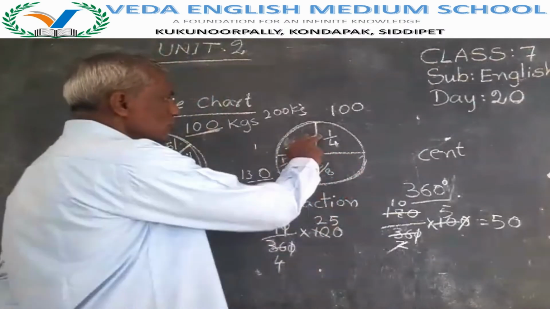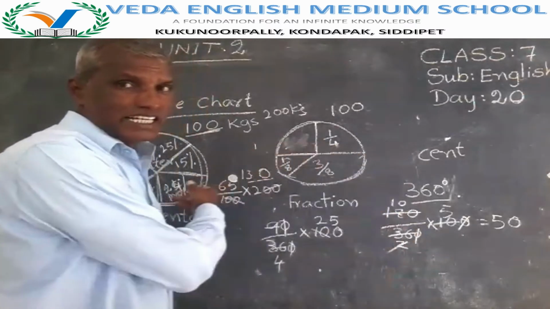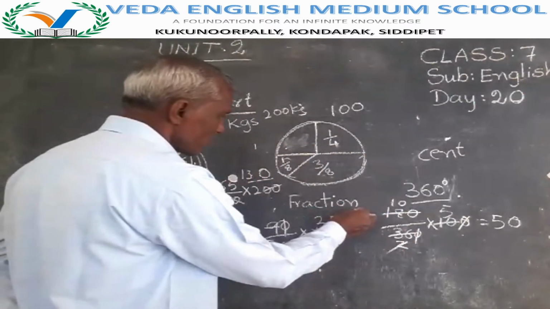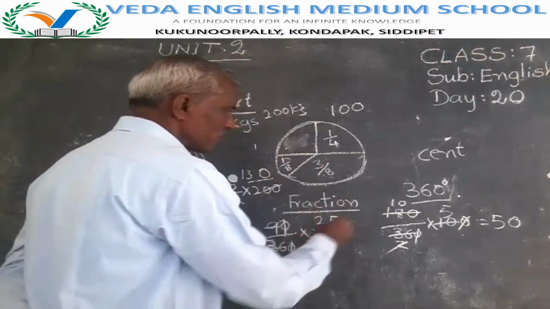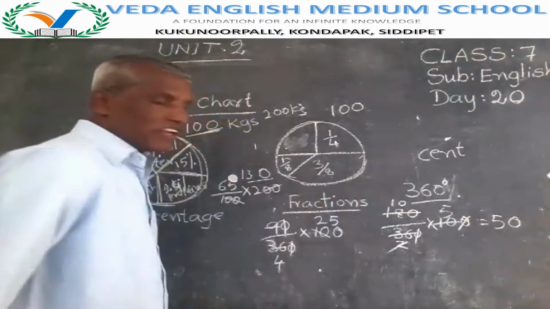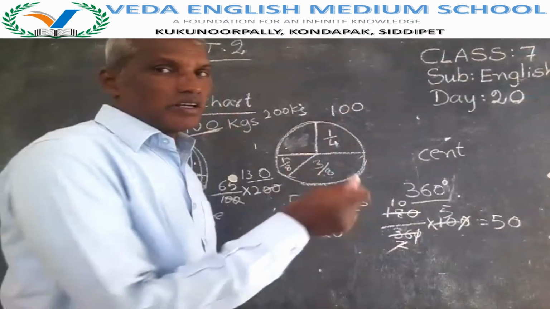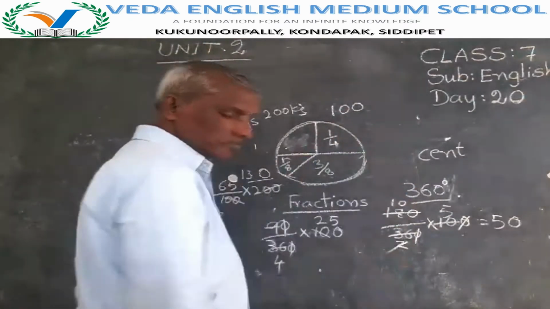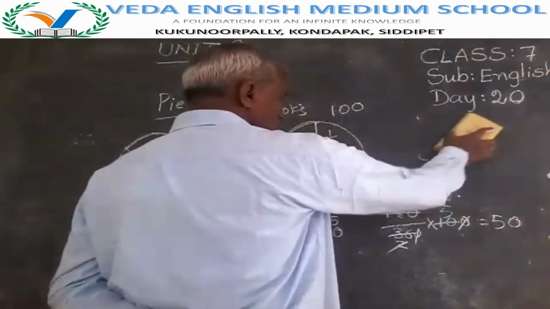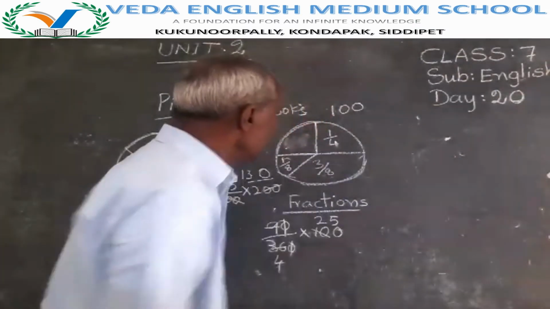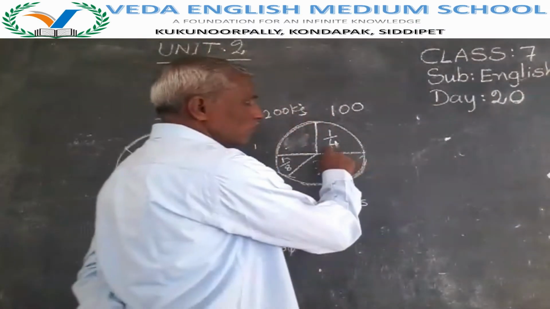Here they are showing not in percentages, in fractions. In fraction. Okay, fractions. What is the fraction here? Again here also 100 only. So to change this, see here 1/4.